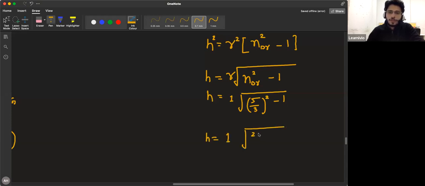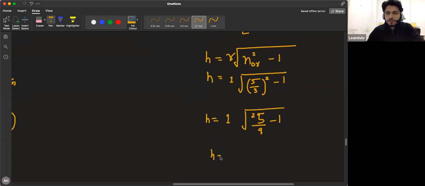It's 25 by 9 minus 1. So 25 minus 9 will be 16. So that will be root over 16 by 9, so this will be 4 by 3. So this is some 1.33.